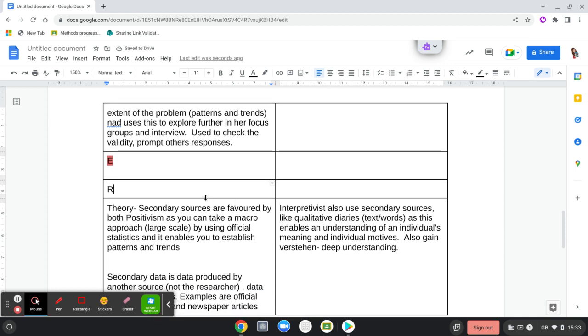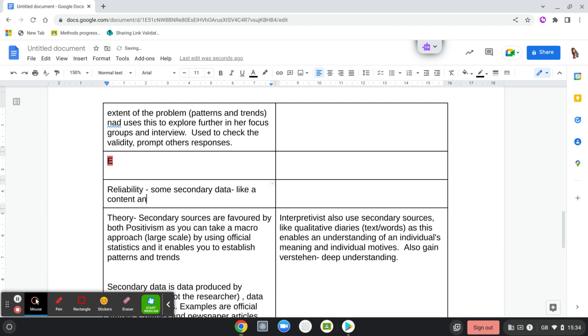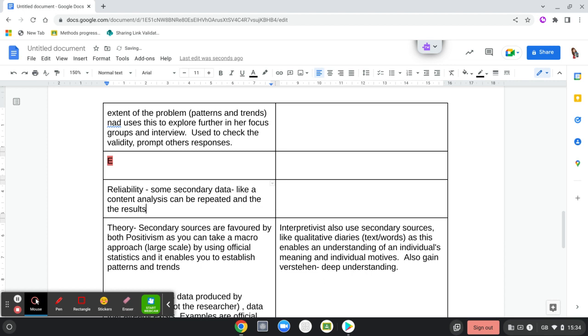Right, reliability is the last one. Some secondary data, like a content analysis, can be repeated and the results are likely to be the same or similar.